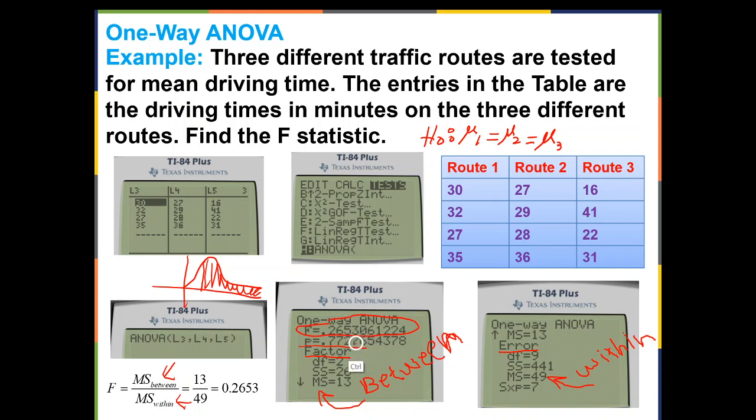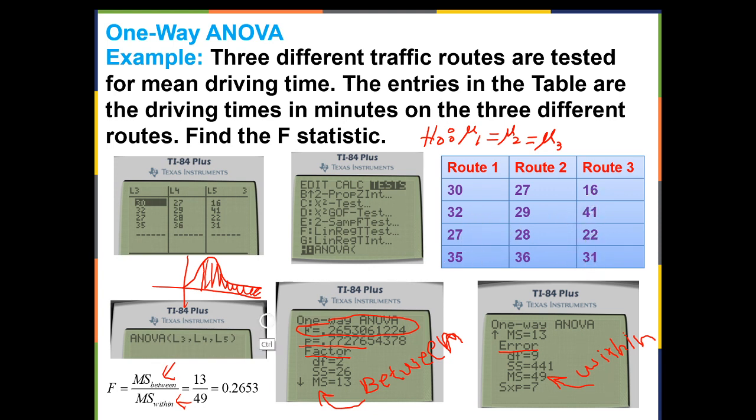And these are the degrees of freedom for factor and for error. Degrees of freedom for factor, the numerator, remember the unit of the numerator is per group, variation per group. So we have 3 groups, so we put 3 minus 1, because we have to calculate the grand mean to get this, we lose one degree of freedom.